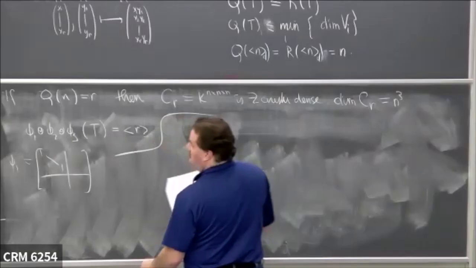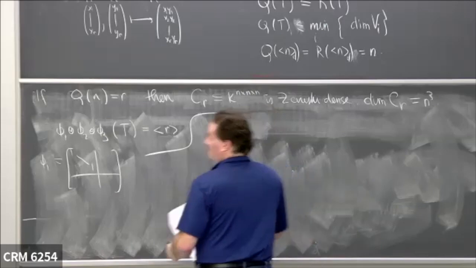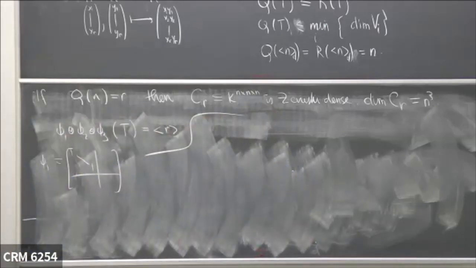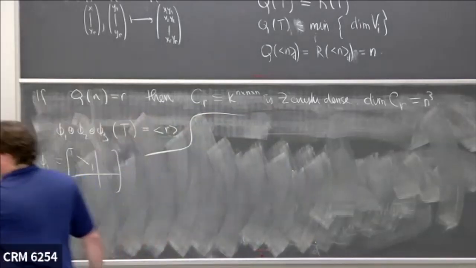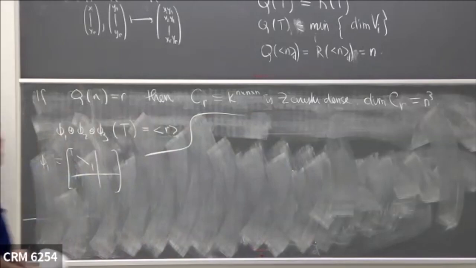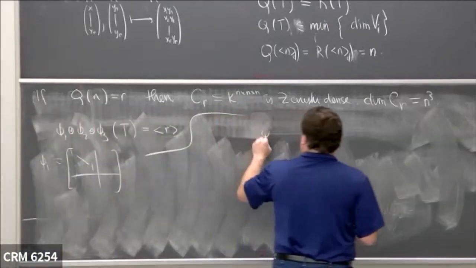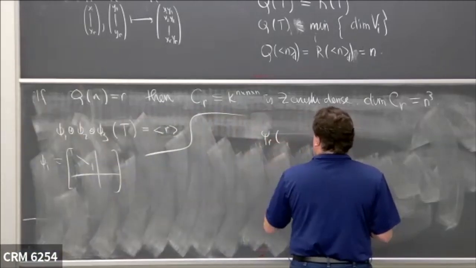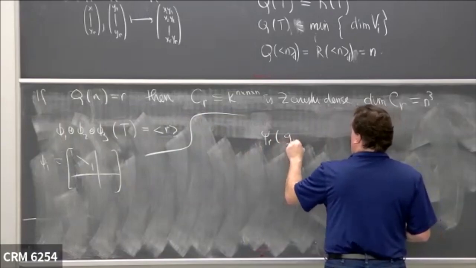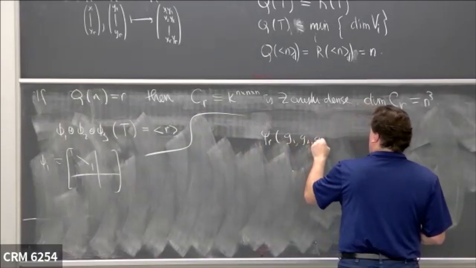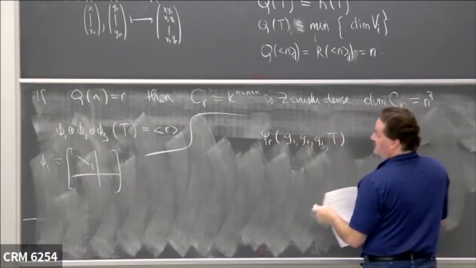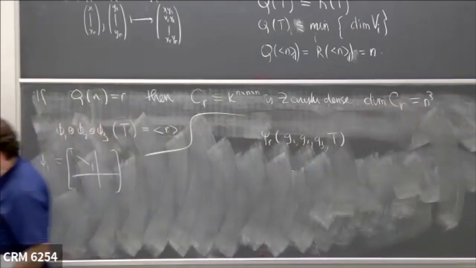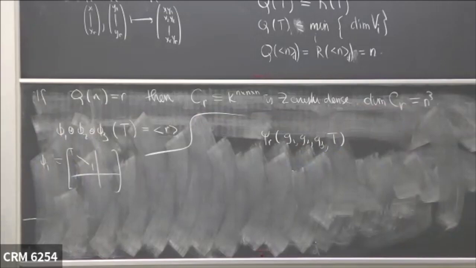Let me give this a name, Psi_R. So if I take something in here, let's look at something (g1, g2, g3, T). And now this gives me something in here. And now let's look at the fiber of that.